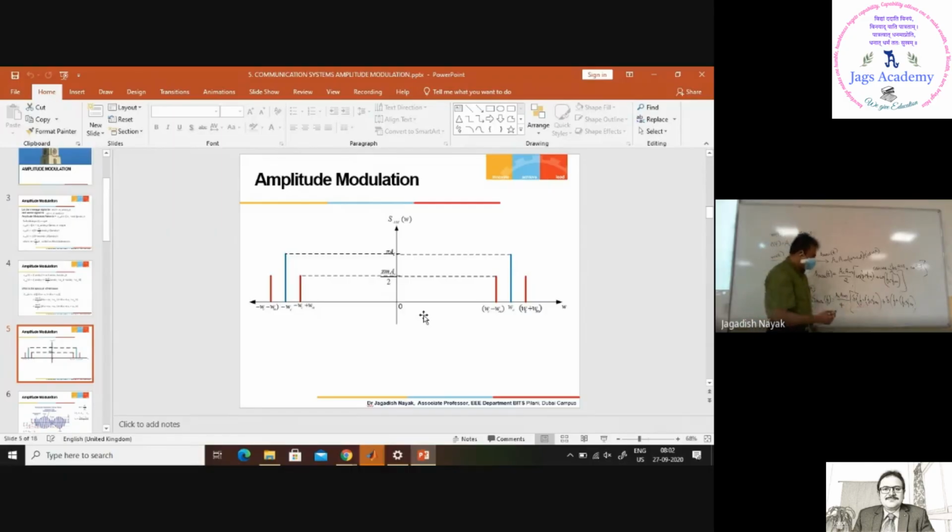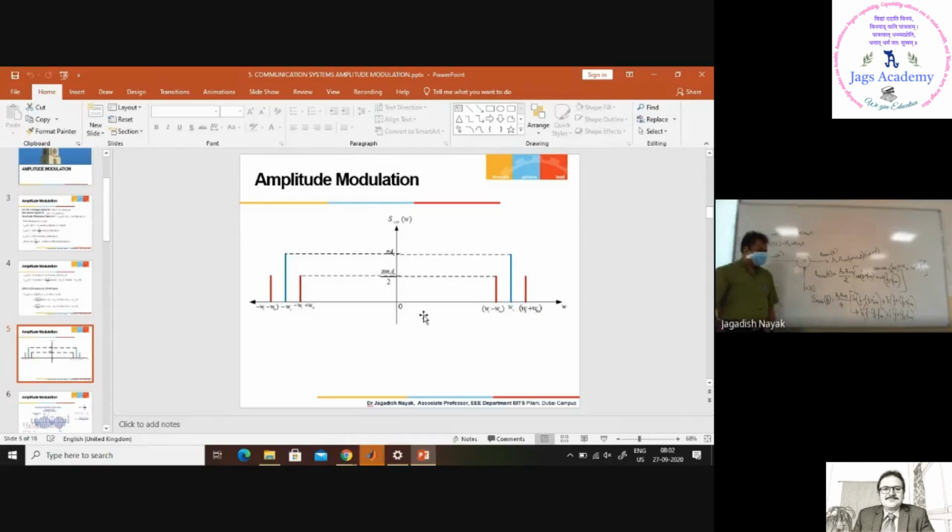Now, then what else? We have pi also there: delta of (F minus FC minus FM) plus delta of (F plus FC minus FM).